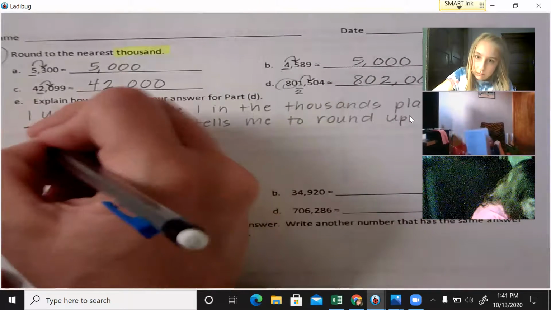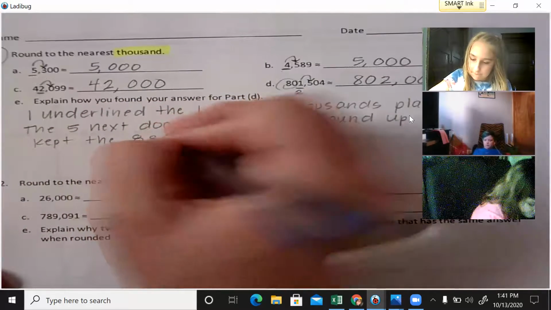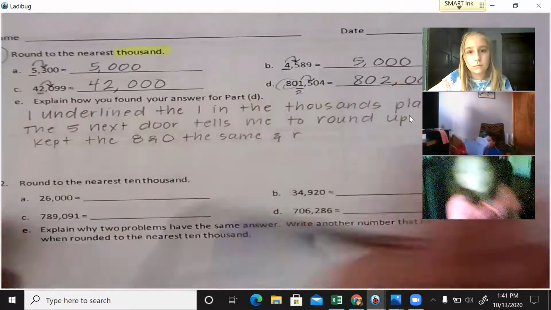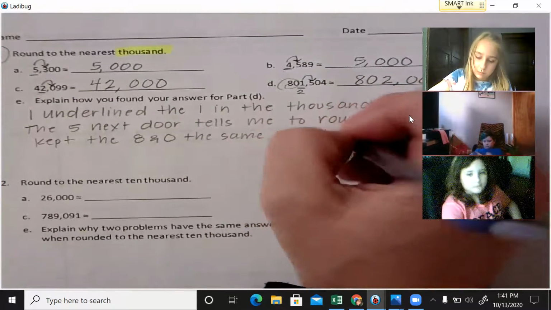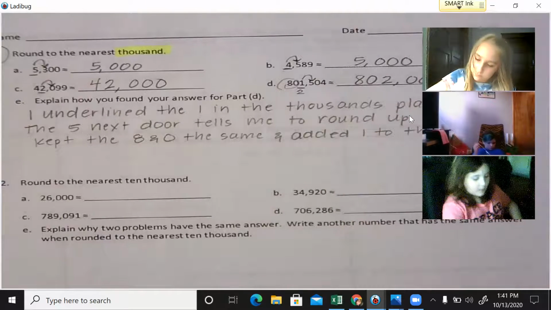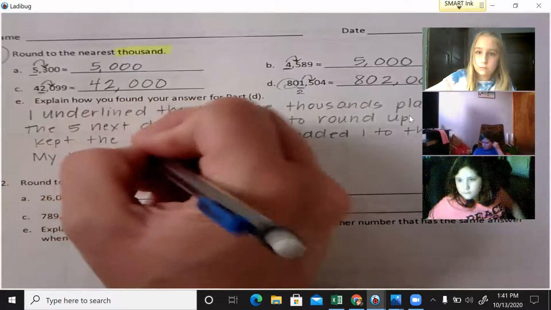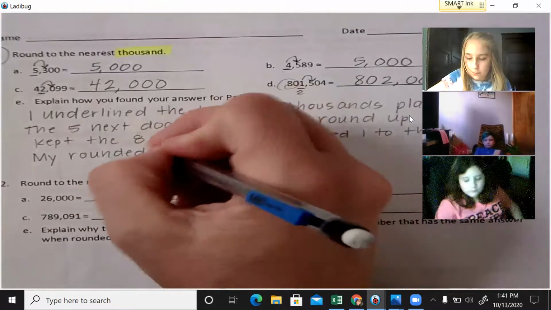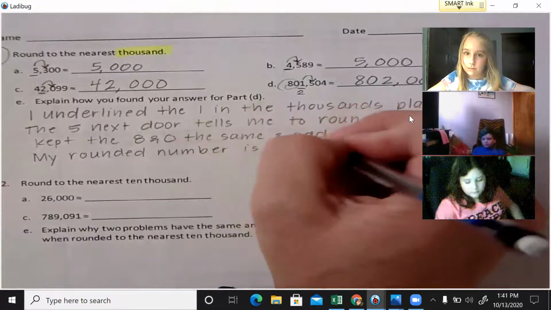So I kept the 8 and 0 the same and added 1 to the 1. My rounded number is 802,000.